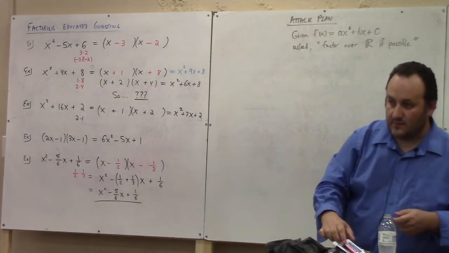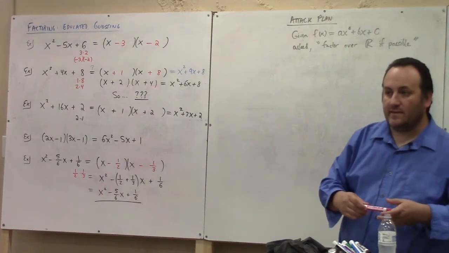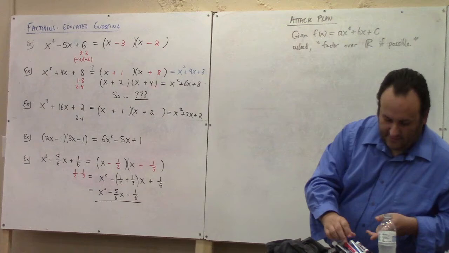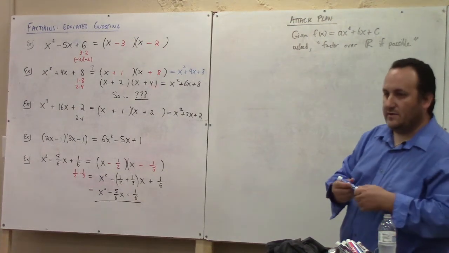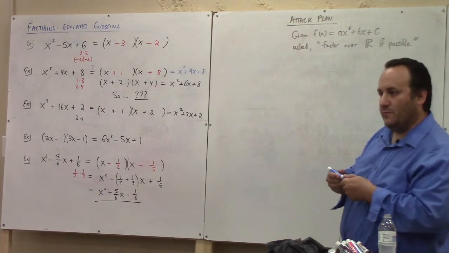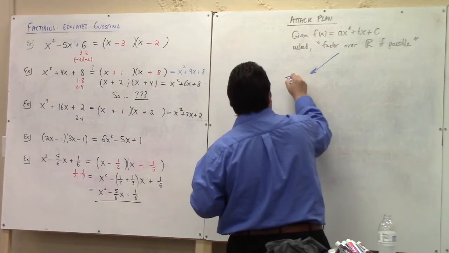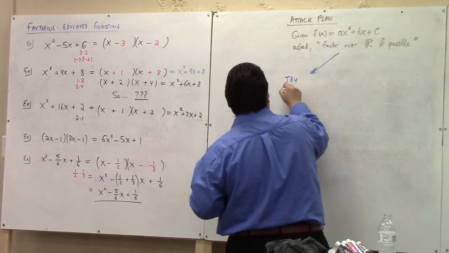Number one, I would try the thing we've been doing. I would try the guess and check whole number or the slide and divide method if appropriate. So number one is try educated guessing.